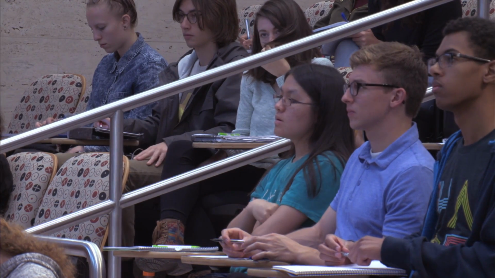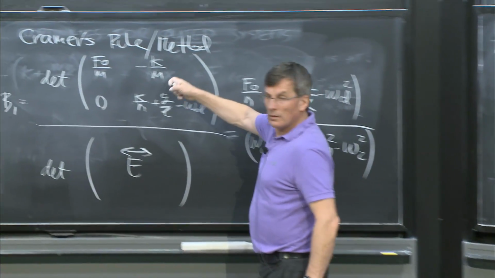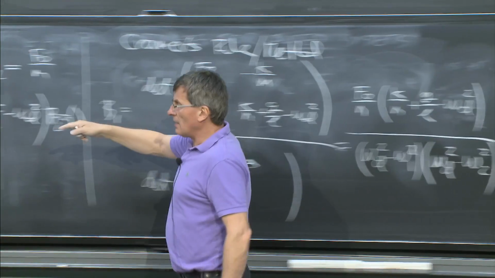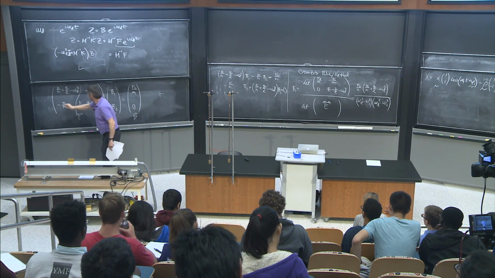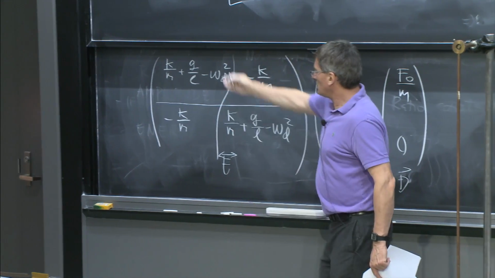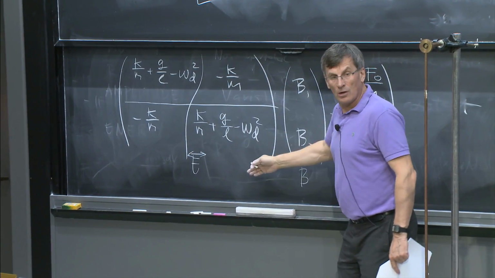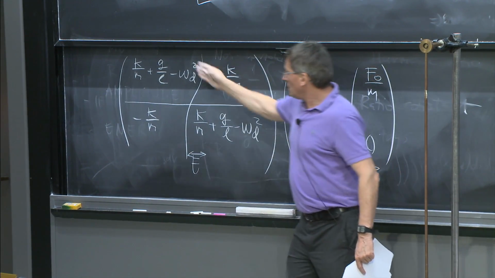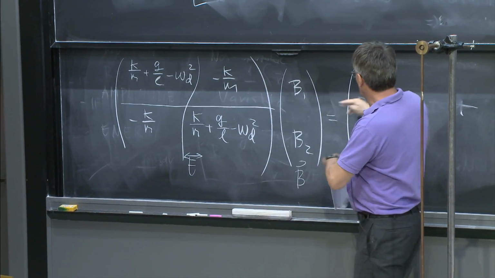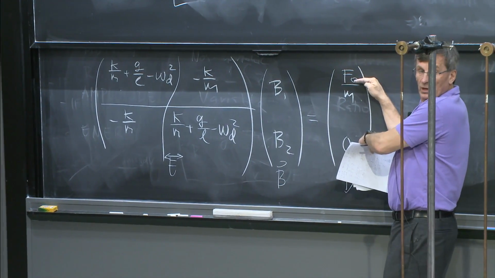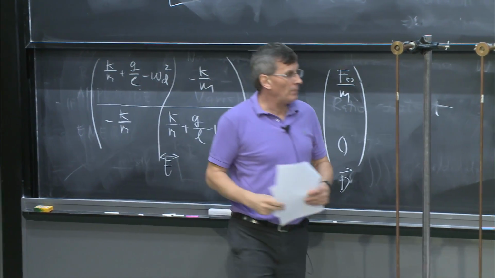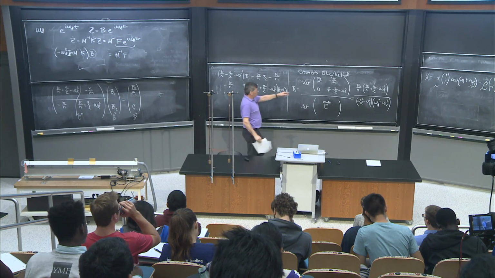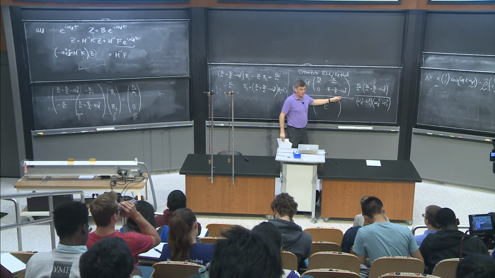This one. This is the second column, see? So this is the first column, second column. I take the first column, I replace it with the driving term. I plug it here. So I have F0 over M, 0, and I keep the second column.